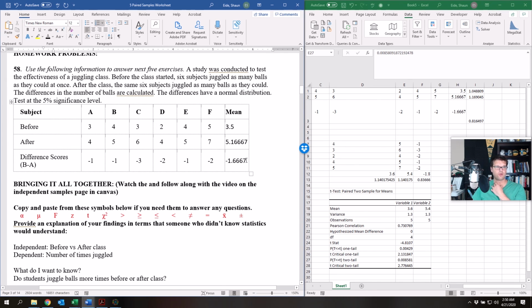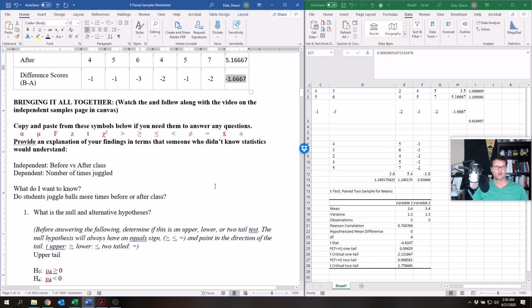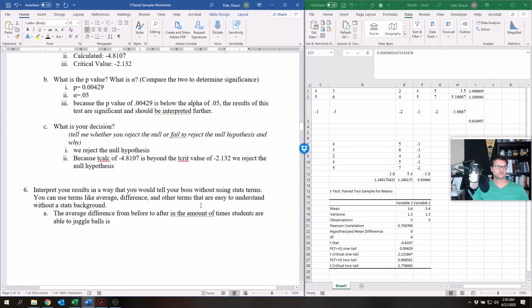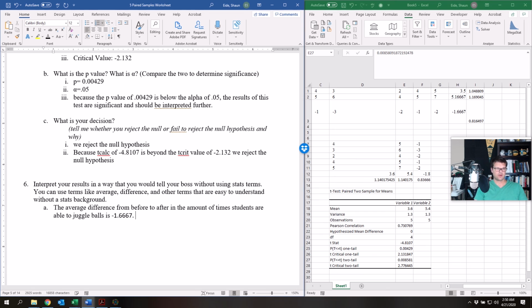So we're actually reporting the average difference score. This difference indicates that the class appears to be effective in increasing the amount of times students can juggle.